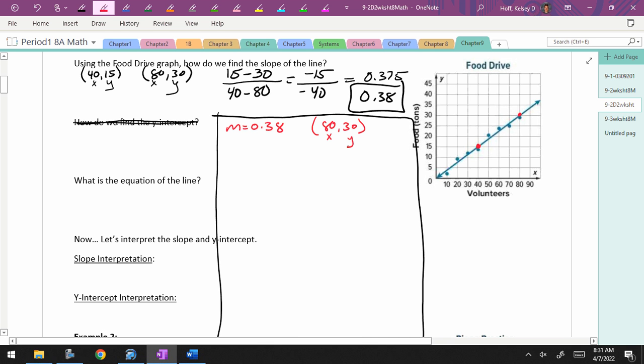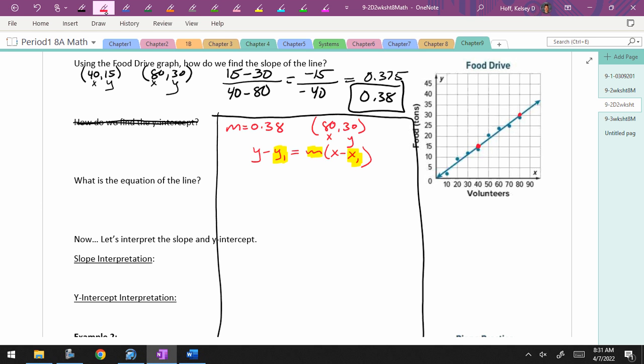We need to plug it into point slope. That was y minus y1 equals m times x minus x1, and the 3 pieces we have to fill in. Notice how much space I've taken up. Some of you are writing so big, you're going to run out of space.